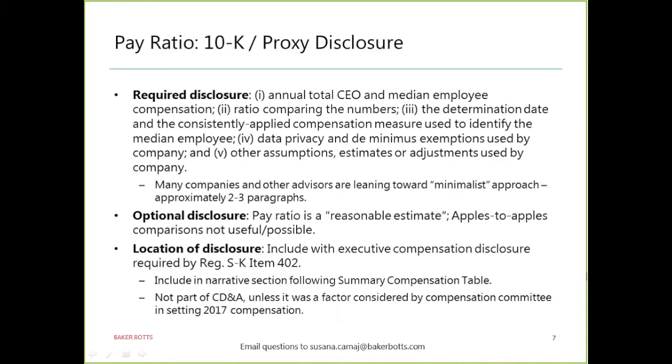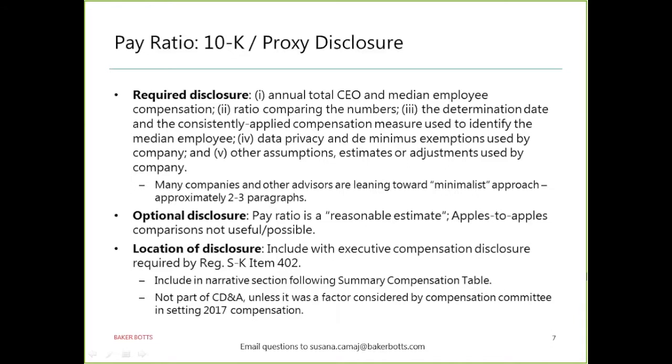And so then that sort of brings us, at least in this slide, to maybe one of the last questions about disclosure, which could be, well, where should we include this disclosure? Some folks have considered whether or not the CD&A, the compensation discussion and analysis, is a proper place to include this pay ratio disclosure, and I would say that it's probably more prudent to move it out of the CD&A unless it was something that the Compensation Committee had considered in setting 2017 compensation.